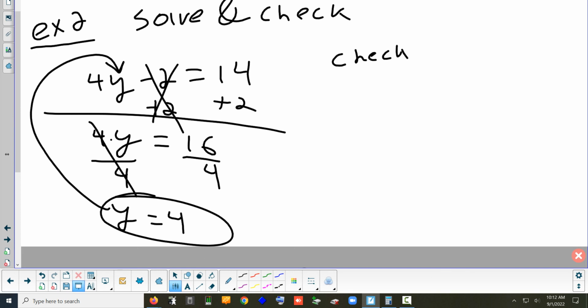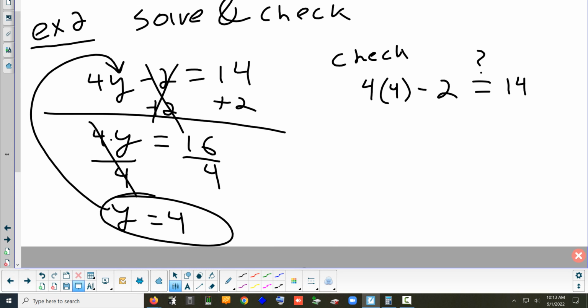So when we check it, we're going to have 4. Make sure you put in parentheses when you plug in, otherwise it's going to look like 44. We want it to look like 4 times 4. So 4 times 4 minus 2. And this is where I put a question mark because I don't know if this works yet. That's what we want to find out.